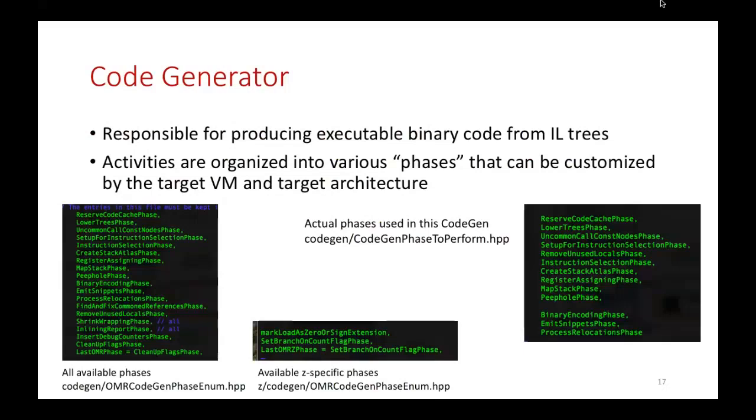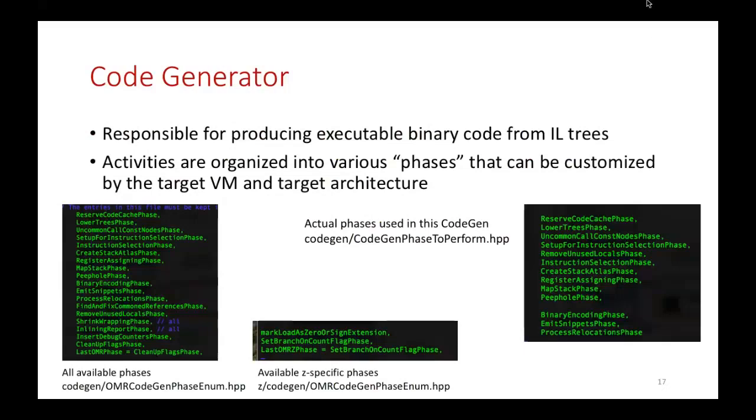What we do is we've broken up the code generator into a variety of different phases that can be customized by a particular language runtime or the architecture that you're running on. On the far left here, I list all the phases that are available in the current OMR compiler. Not every runtime or every architecture is going to use these. You just pick and choose from these different phases.